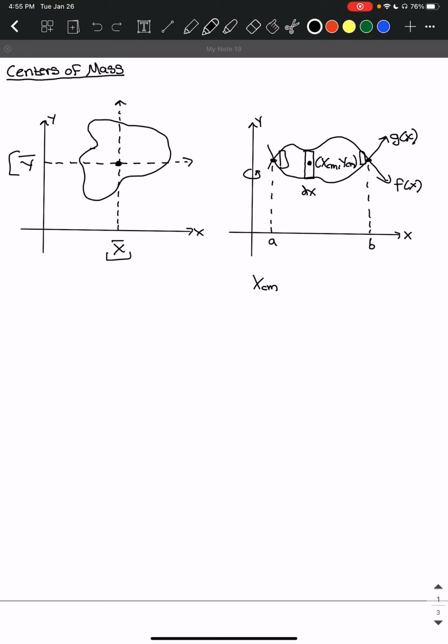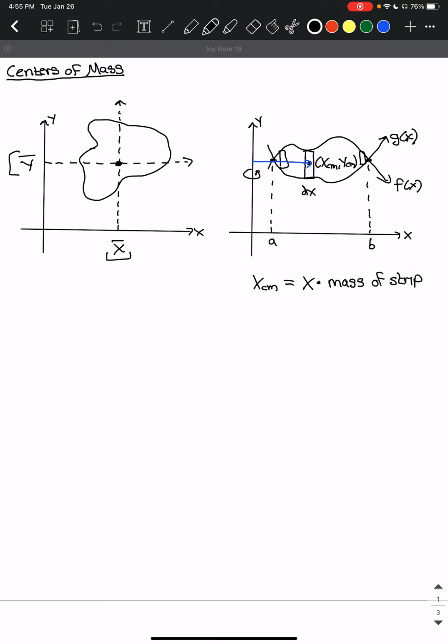So we're going to weight it by the distance of that bar to the y-axis. I'm going to take the mass of this entire object and weight it by this distance. What I mean is simply to multiply. The distance here is x, the distance from the strip to the axis of revolution y, and I'm multiplying that by the mass of the strip.